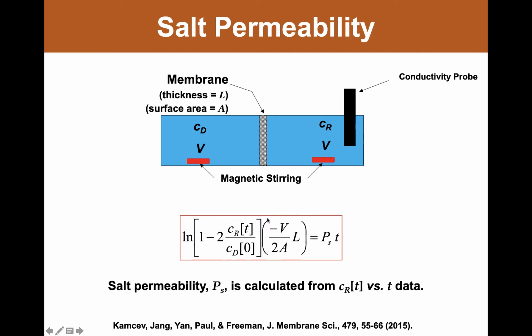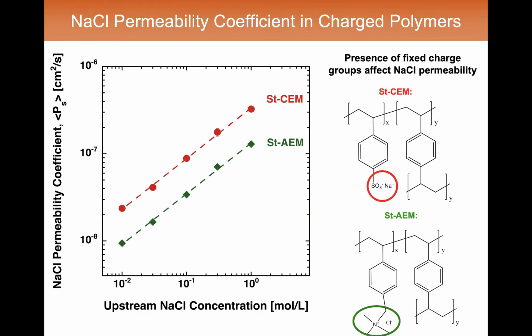You'll also note that in this expression, like in many transport phenomena expressions, you can see things like surface area to volume ratio coming into play, and that shows up in many examples throughout transport phenomena. Now, this is an example of salt permeability coefficients, and now I've put the brackets around the salt permeability, which I should have done in the previous slide.